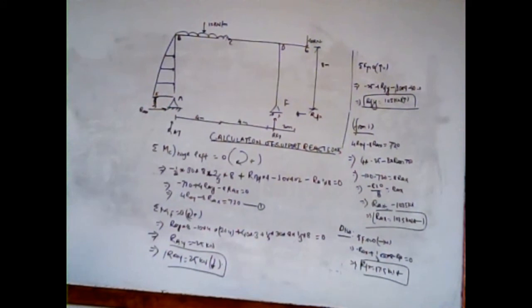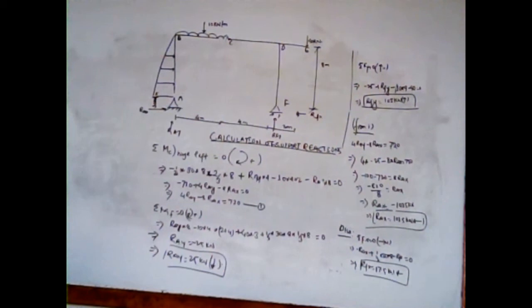This minus signifies that it is in just the opposite direction to the direction that we assumed. We assumed RAX in the rightward direction, but actually RAX will be towards the leftward direction. So this is the significance of the negative sign here.